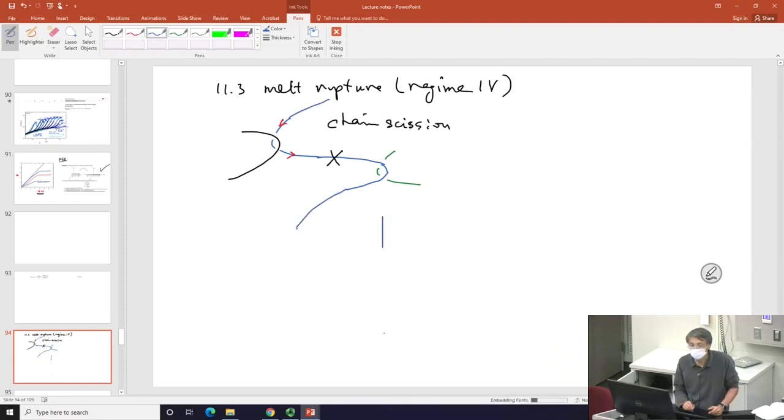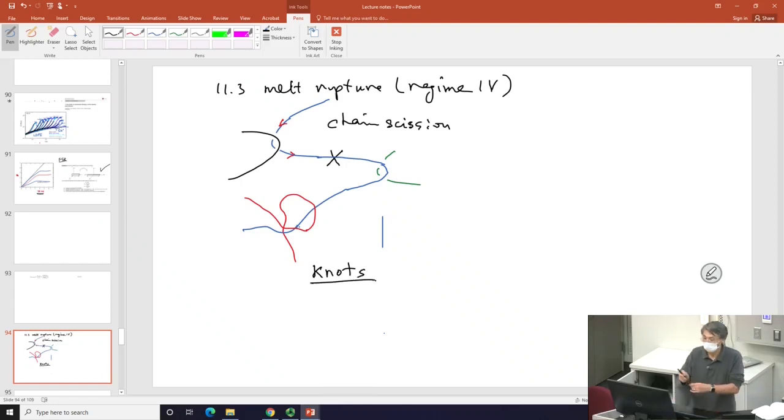And the speculation, which may or may not be entirely correct, was the initial speculation that somehow you form some knots between chains, just really not with each other. When you stretch further, the knots become tighter.